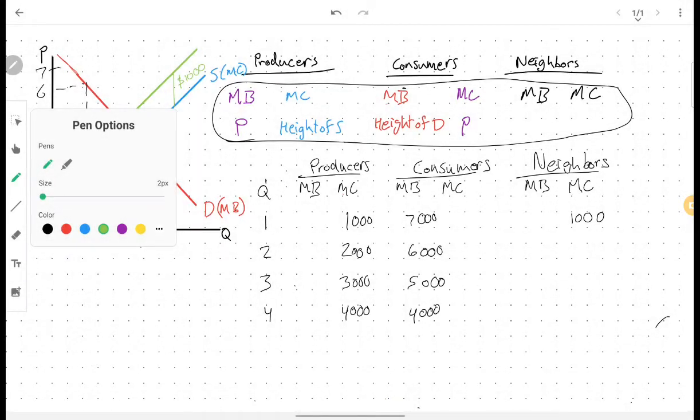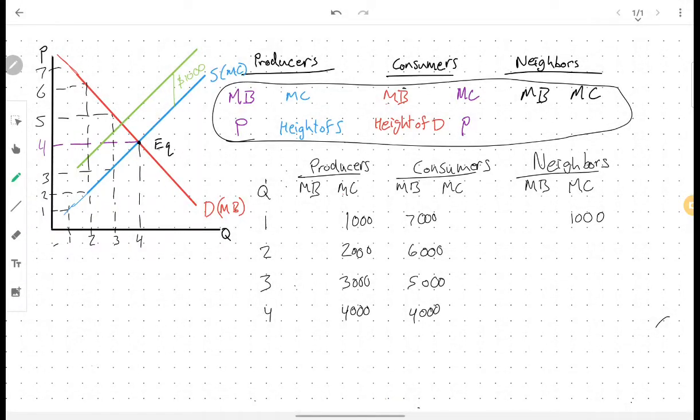The same thing would be true if the neighbors paid the firm $1,000 to not make a car. So think about what that means. If they make the car, what are they giving up? It's the same thing as if they had a tax. So if they have a $1,000 tax, they're giving up that $1,000 to make a car.